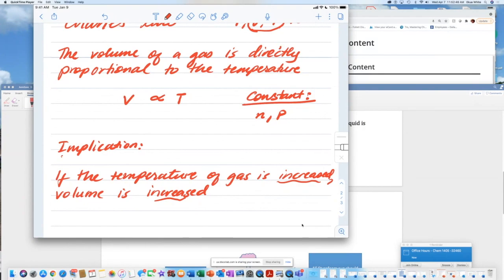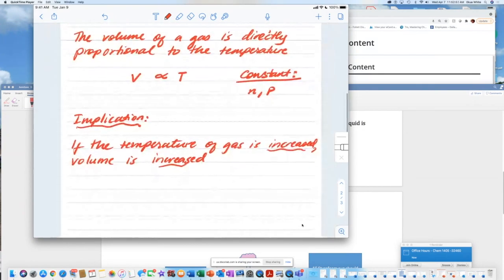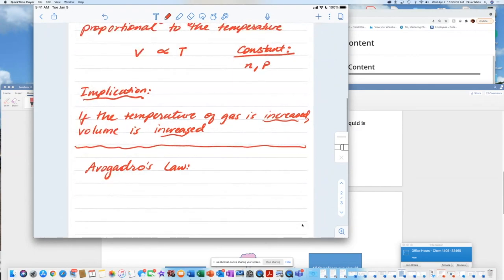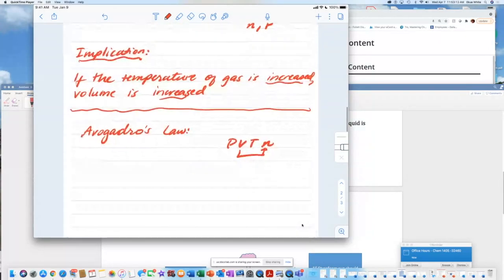Okay. And the last one I'm going to talk about is Avogadro's law. So he related the volume to number of moles. So out of the four he could pick from, he related volume to number of moles.